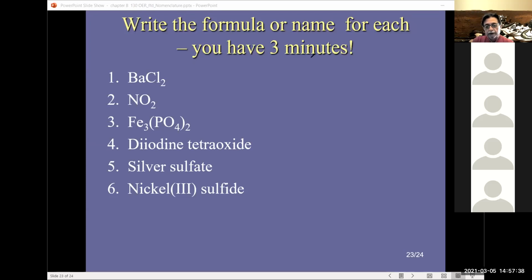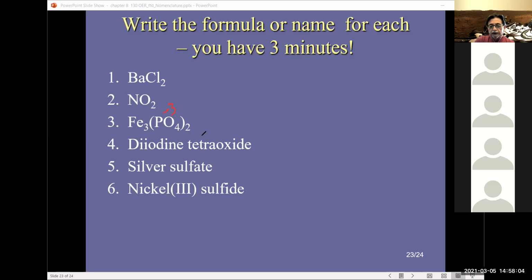So this has a -3 charge, and there's 2 of them. So that means that I got, what must this iron be? Iron 2, exactly.